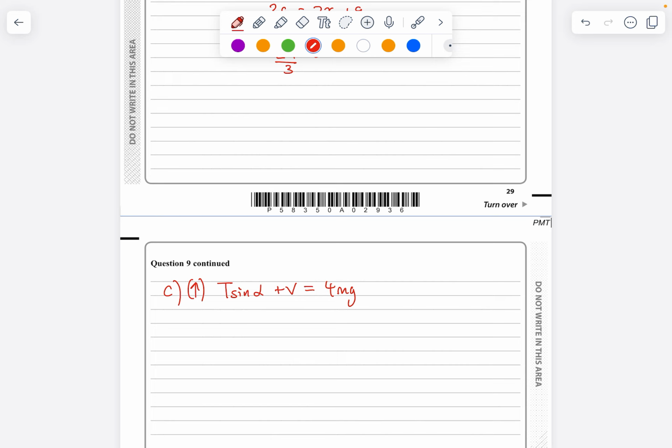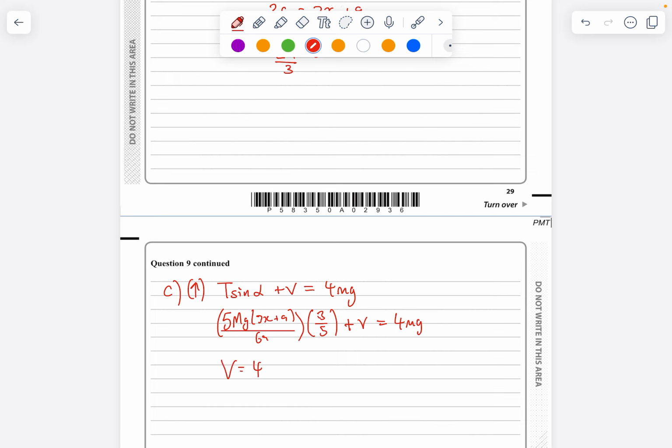Okay, so now I know what T is. So again, I put my 5mg, 3x plus a, all over 6a, and I multiply by sine alpha, which is 3/5, and then I've got my force in the vertical plane, and that's equal to 4mg. So I rearrange that.